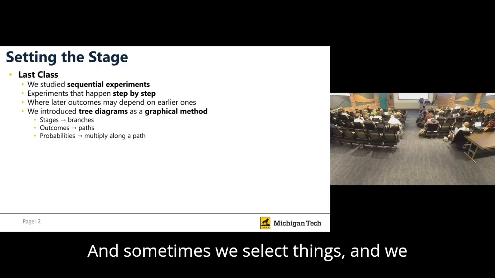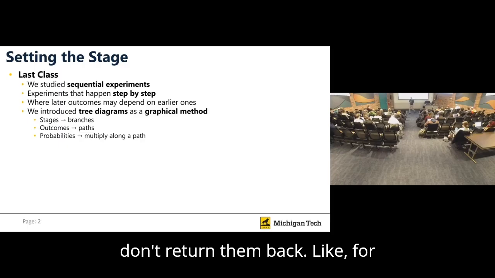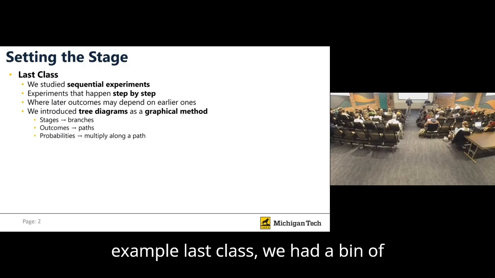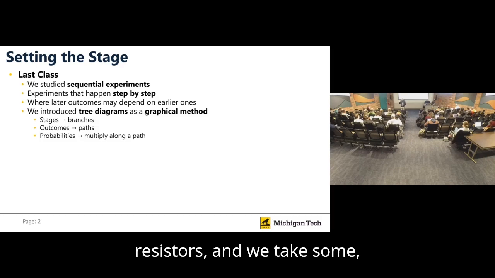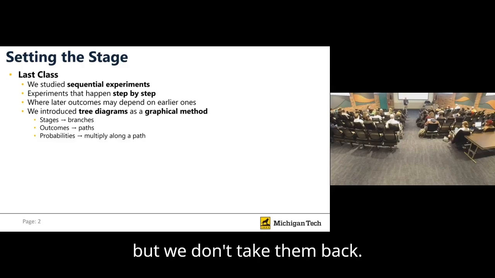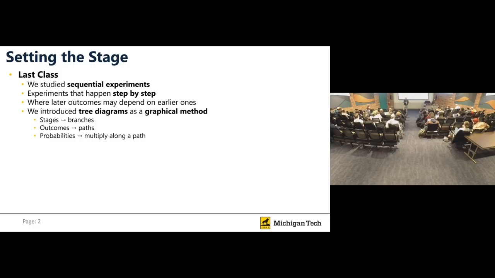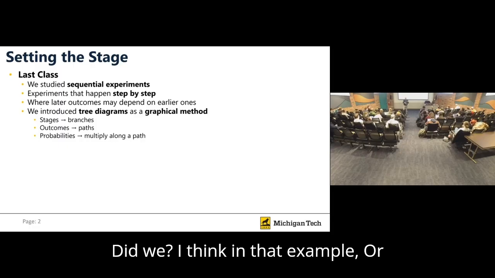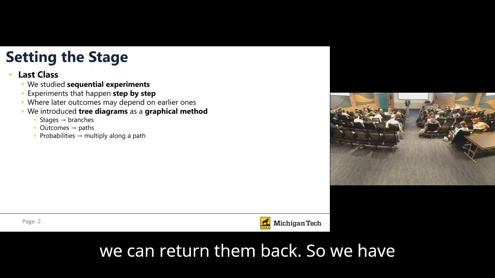And sometimes we select things and we don't return them back. For example, in that example last class, we had a bin of resistors, and we take some, but we don't take them back. Did we? I think in that example, or we can return them back.